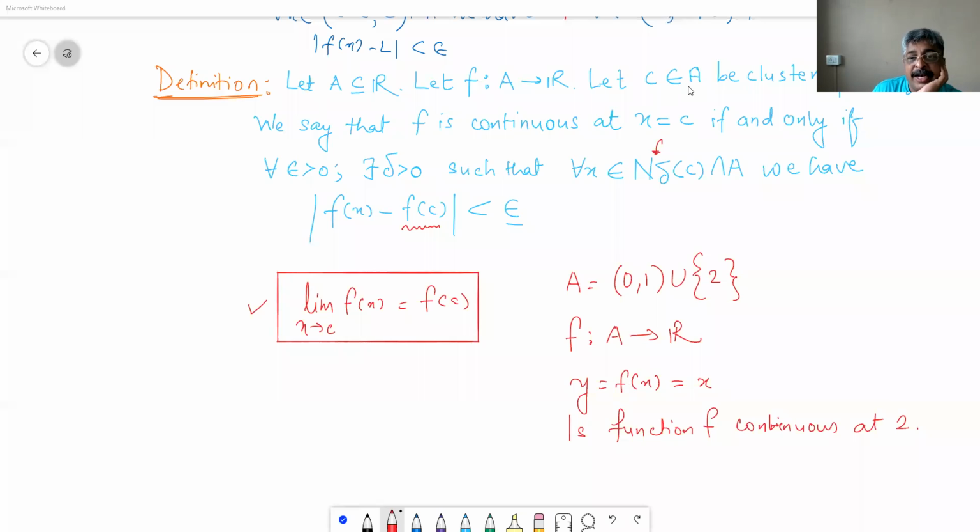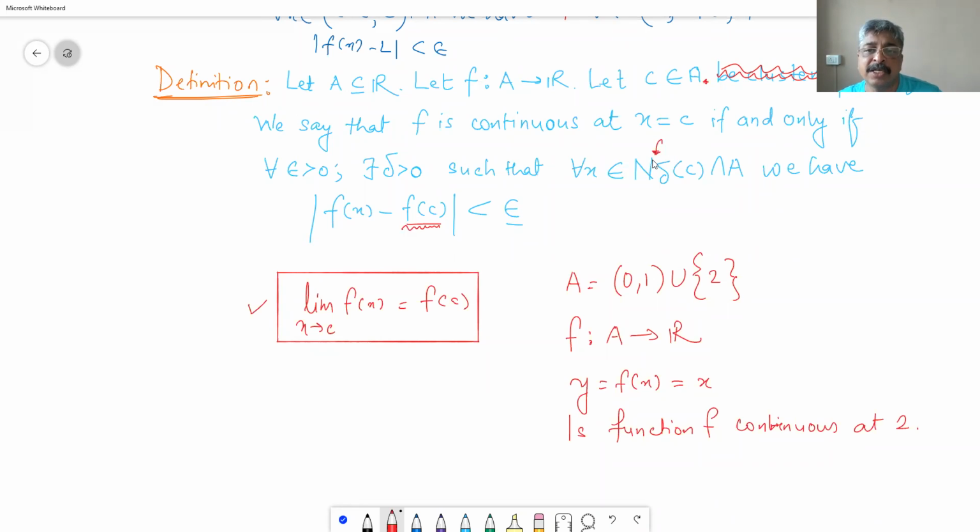Okay, so let C belong to A is the only statement that we want to make here in the definition of continuity, and just remove this to be the cluster point. It need not be cluster point. So that is the hint of that problem. So it was not required here. So there are more than 2 changes. One change is f of C here.